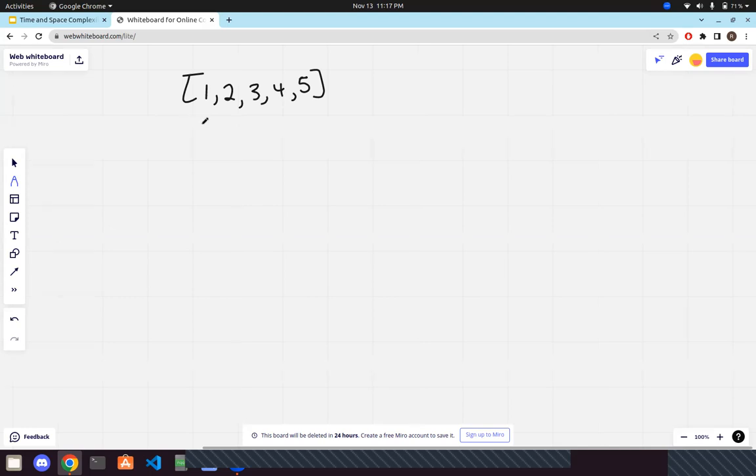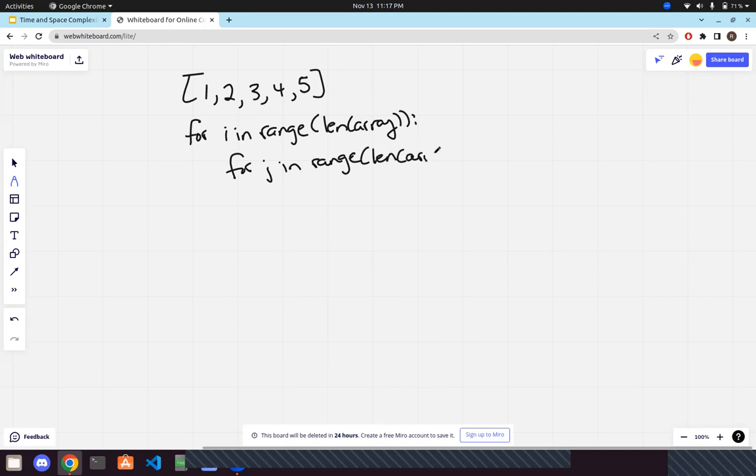So something like this, we have a nested for loop.